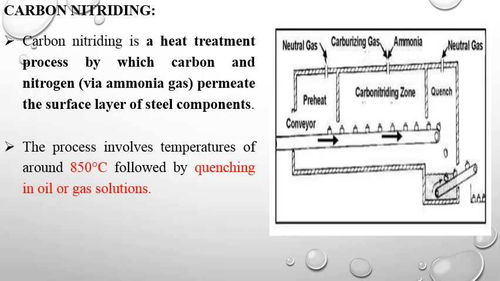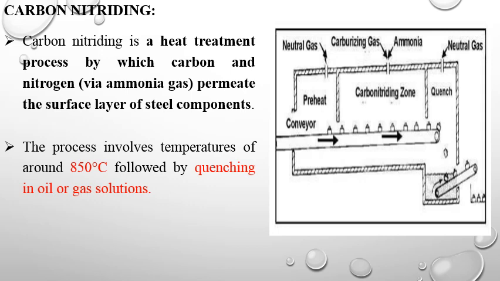Next, carbonitriding is a heat treatment process in which carbon and nitrogen from ammonia gas are added to the surface layer of a steel component. The process temperature is 850 degrees, followed by quenching in oil. In the picture, the neutral gases are preheated and then processed with carbonitriding salt.